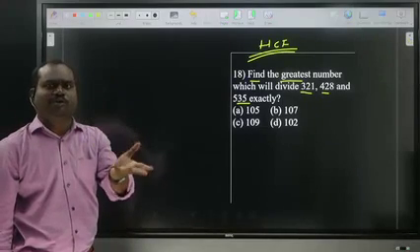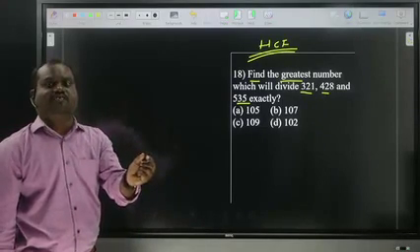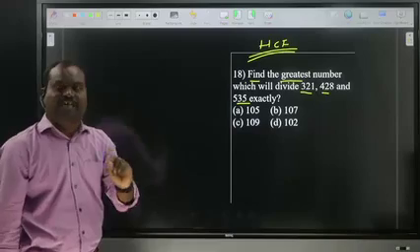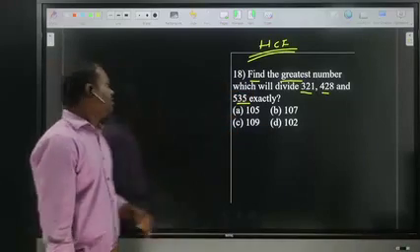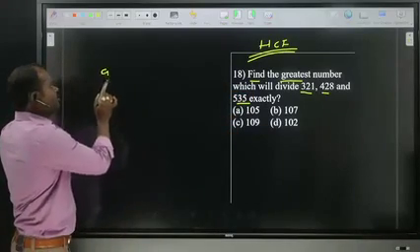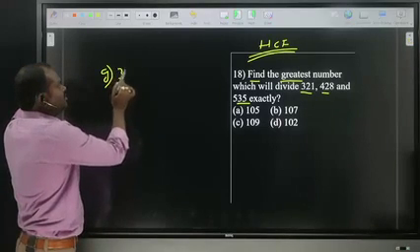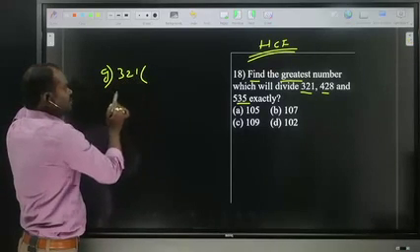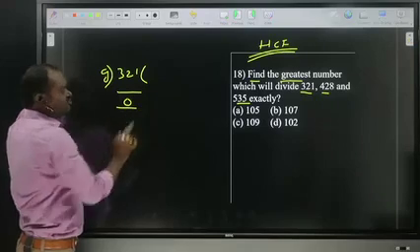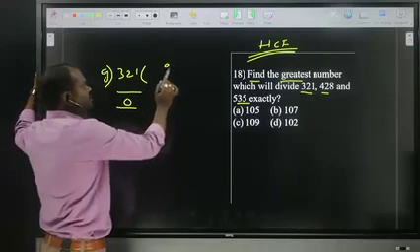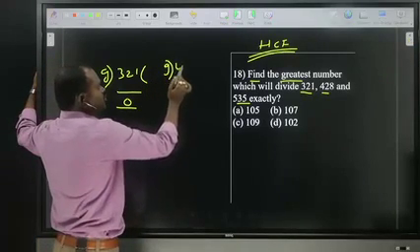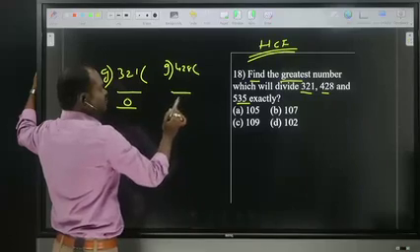What is the greatest number? We don't know. But that greatest number should exactly divide these numbers. With that greatest number, if you divide 321, we require remainder 0. If you divide 428, we require remainder 0.